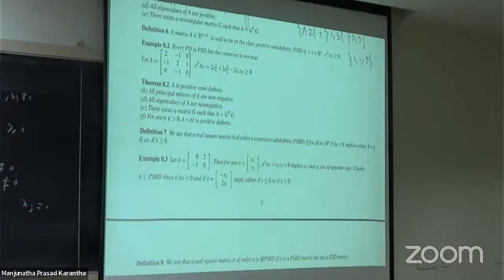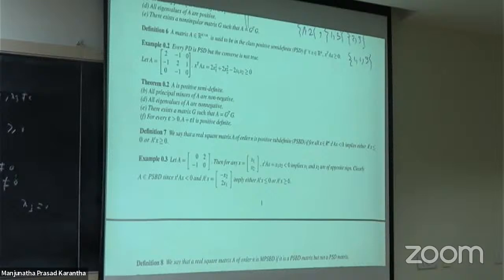Theorem 0.2: all principal minors will be non-negative. That we have already checked. You can always check that. Is that true even for a non-symmetric matrix? No, this is that all principal minors are non-negative if A is positive semidefinite symmetric. For non-symmetric matrices, eigenvalues may also be negative.